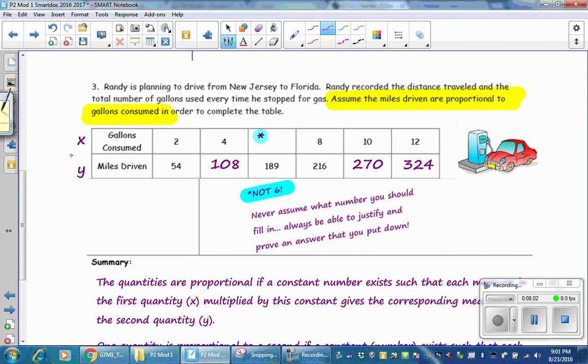So remember that your first number in the chart is the x value, and the second number in the chart is the y value. And to determine the unit rate, it is y divided by x. So 54 divided by 2. And 54 divided by 2 is 27. What that means is it's 27 miles per gallon.